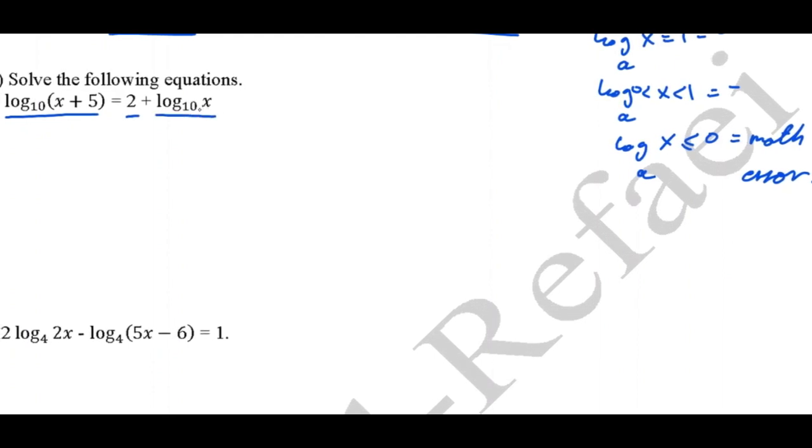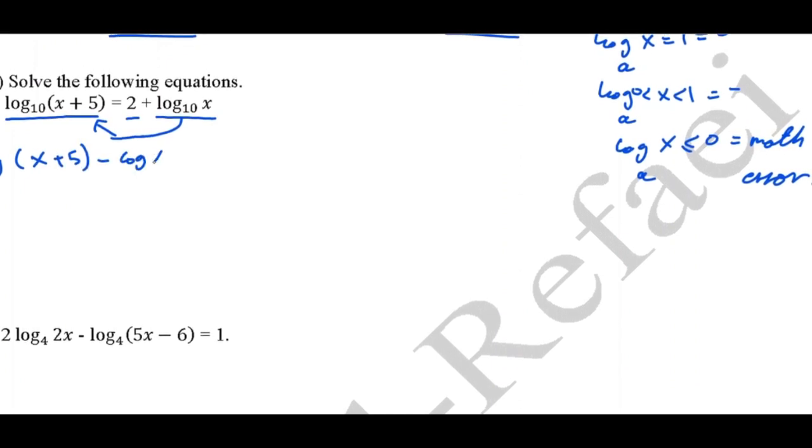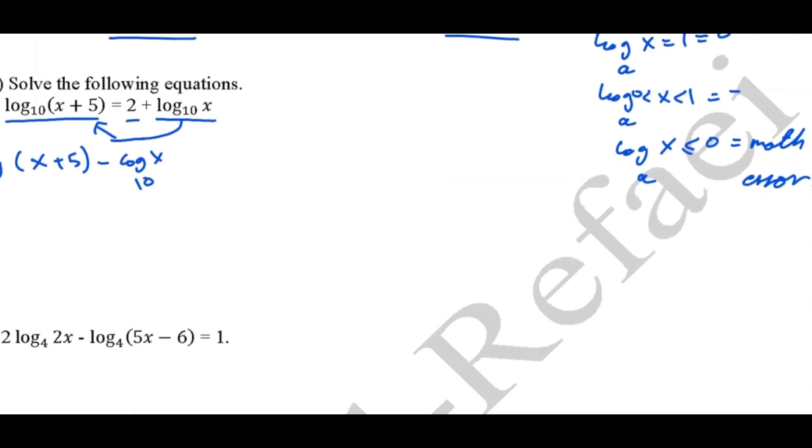Now I have to combine the two logs and write one log term. So I'm going to move log x to the base 10 to the left side. Log of x plus 5 minus log x, both of them sharing the same base, equals 2.